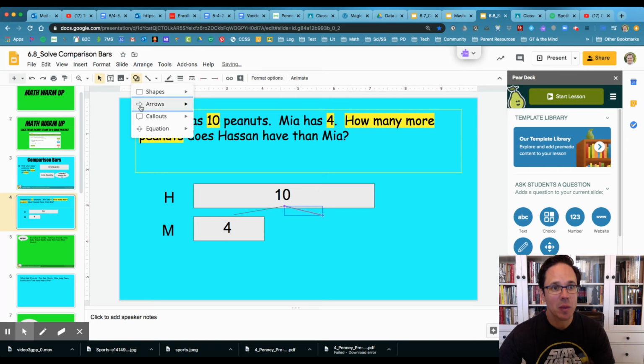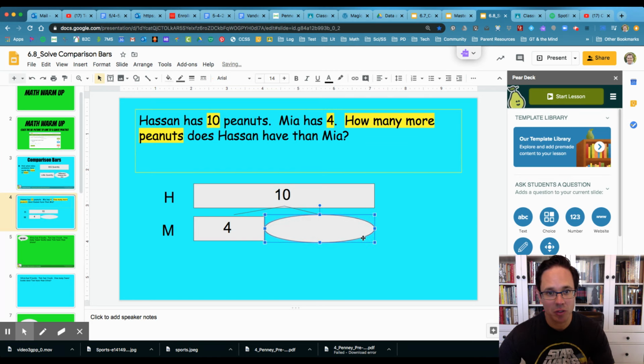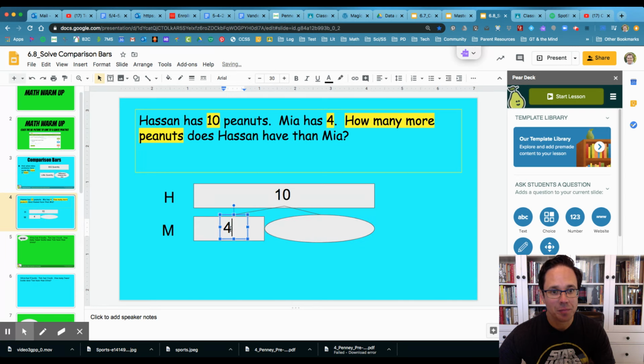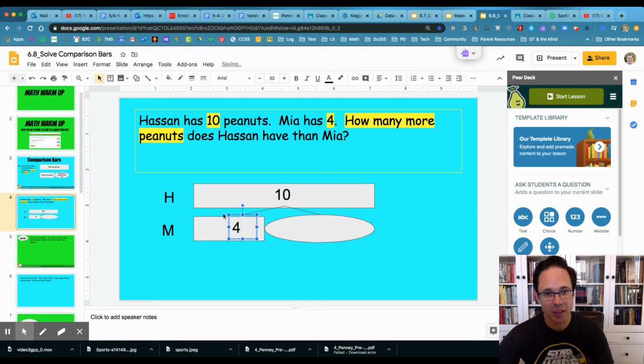All right, so let's make a little circle just for something that shows what Hassan has versus Mia. Ooh, I might need to move up my circle just a bit. Okay, cool. Now we're trying to figure out this answer here. Oh, I think I'm moving that whole box over. Let's go ahead and just duplicate it. There we go. Okay, so we're not exactly sure what it is.